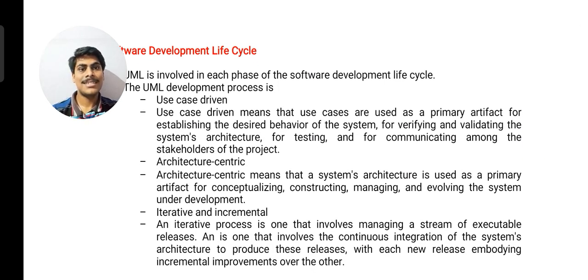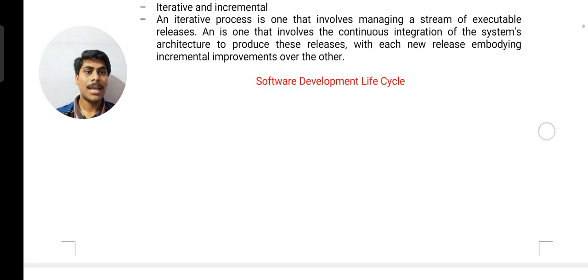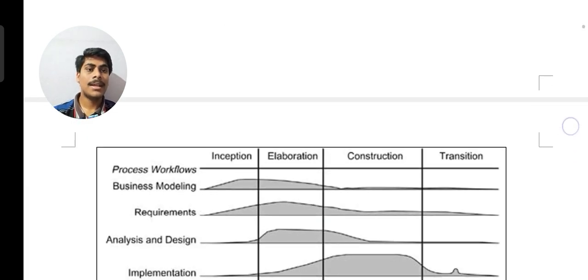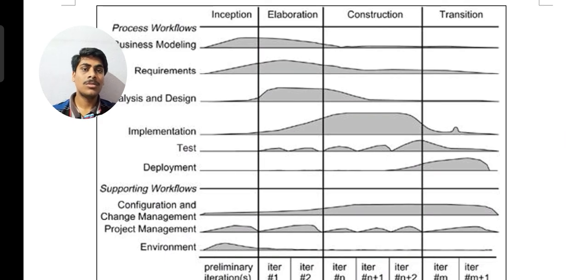An iterative process involves managing a stream of executable releases, and involves the continuous integration of the system architecture to produce these releases, with each new release embodying incremental improvements over the other. By seeing this tabular representation we can easily understand the software development life cycle.